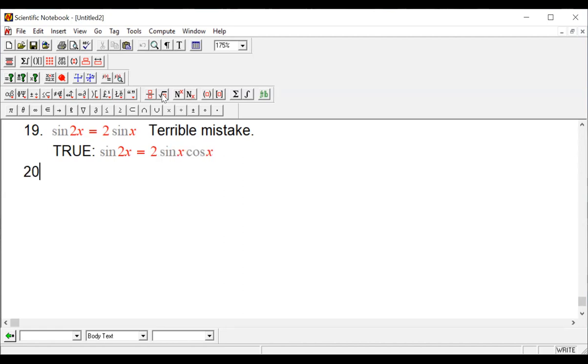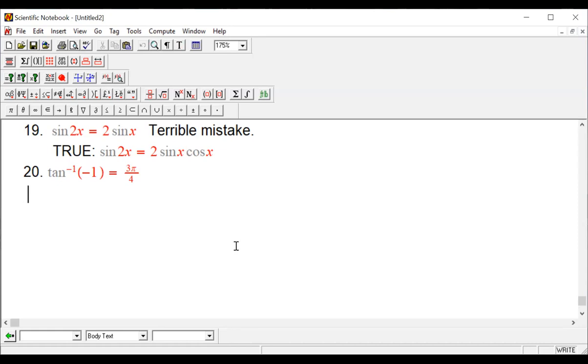Okay, so number 20 says arctan of -1 is equal to 3 pi over 4. And the student would typically have an answer like that.